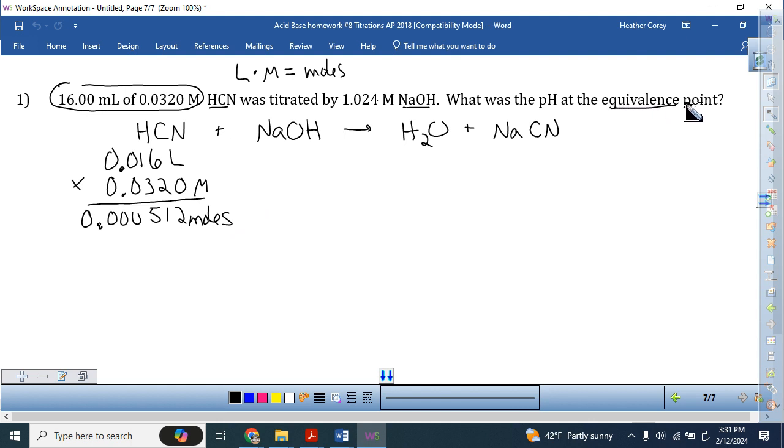Now, if I'm going to go to the equivalence point, that means the moles of the acid will equal the moles of the base. So these will equal each other at the equivalence point. And that means they're going to get completely reacted with each other.